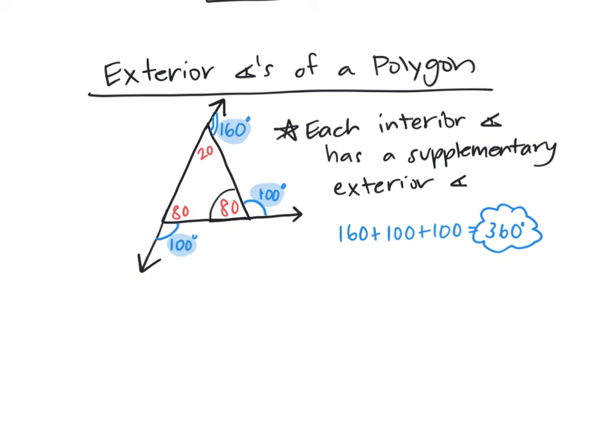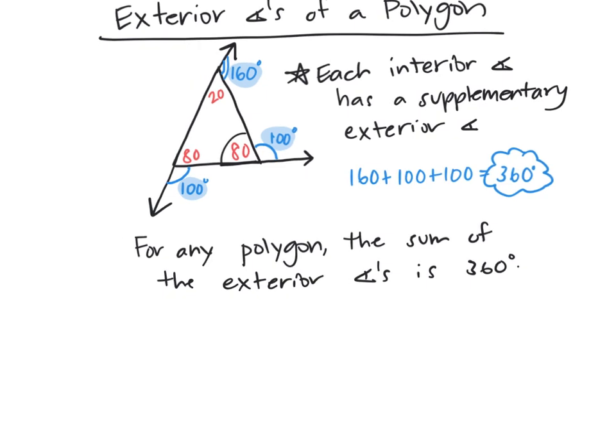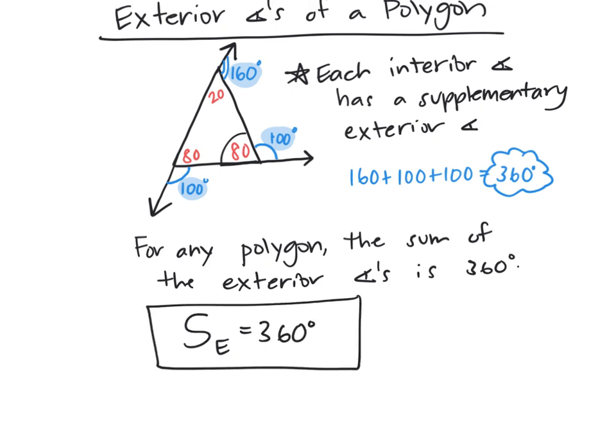So I'm going to write for any polygon, the sum of the exterior angles is 360 degrees. And I'm going to write that as a formula. S for sum of the exterior angles is 360 degrees. No matter what the polygon is, it is always the same.